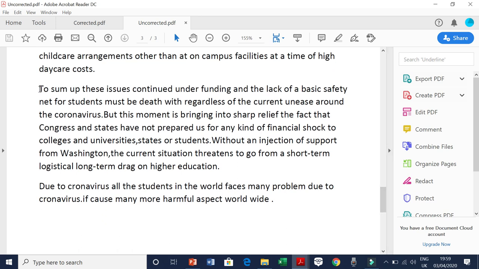Okay, look at this. When you write "to sum up," it means now we should prepare ourselves for the conclusion. She has written this paragraph of conclusion, but then gave 2 more lines as if it's a separate paragraph. It doesn't serve any purpose.